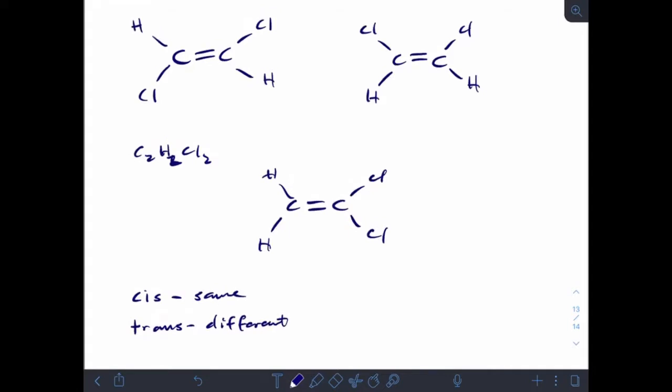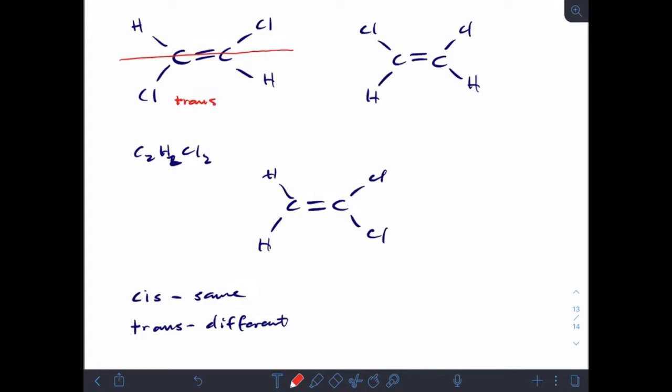Okay, so if I look at this top left molecule, and if I bisect that molecule along the double bond, if I look on the two sides, those two are different on the top and the bottom. On the top, the chlorine's on the right. On the bottom, the chlorine's on the left. Those things are different. So this would be a trans configuration.